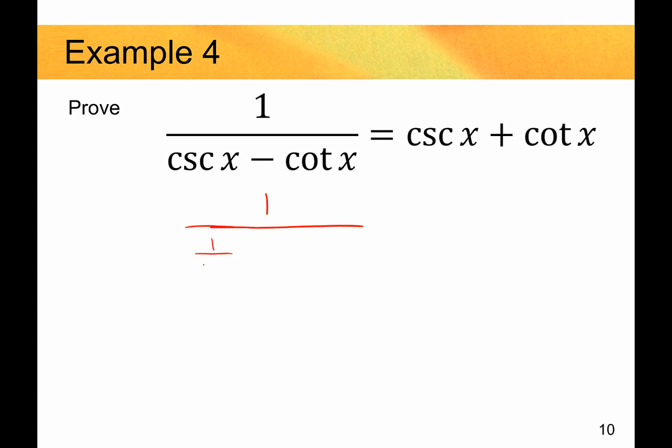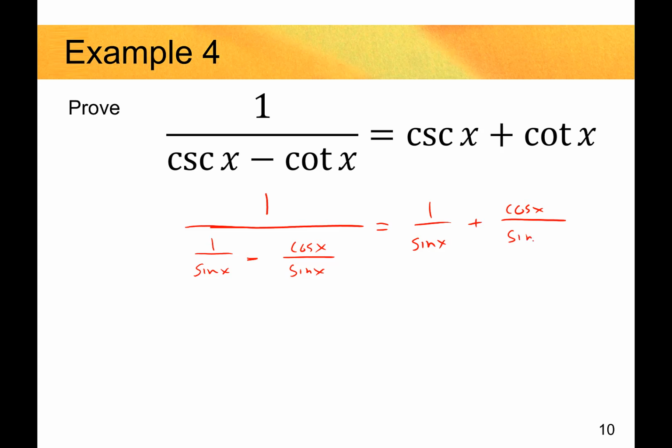Cosecant is 1 over sine of x minus cosine of x over sine of x, is equal to cosecant, which is 1 over sine of x, plus cotangent, which again is cosine over sine.